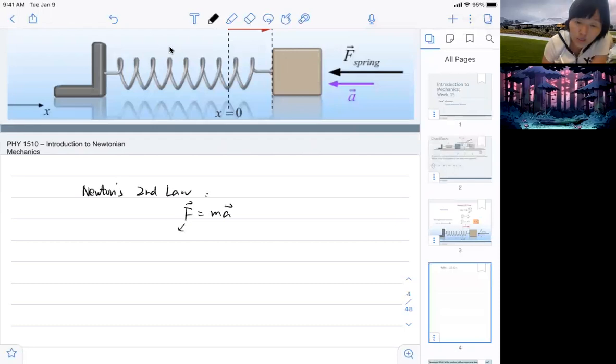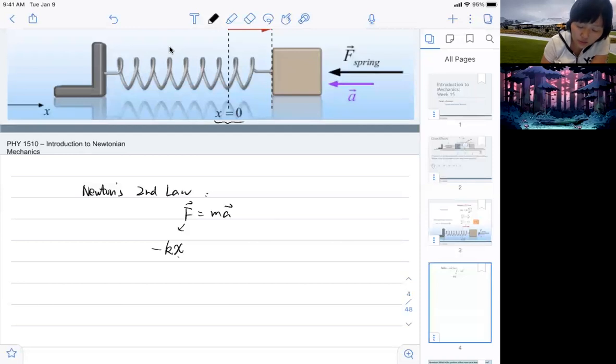And you know the force is a spring force, right? So the spring force is negative kx. Here x is how much the spring is being compressed or stretched. And we have located x equals 0 to be when the spring is at a relaxed state.